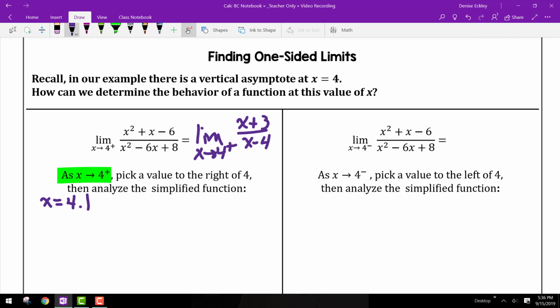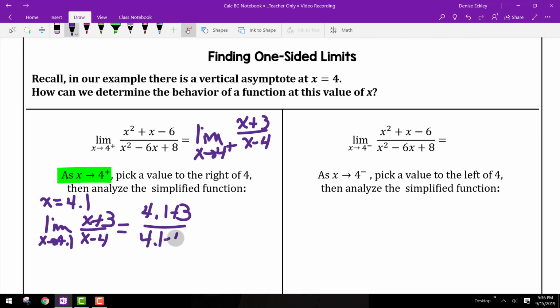So I have 4.1 plus 3 over 4.1 minus 4. When I simplify this, I get 7.1 over 0.1.